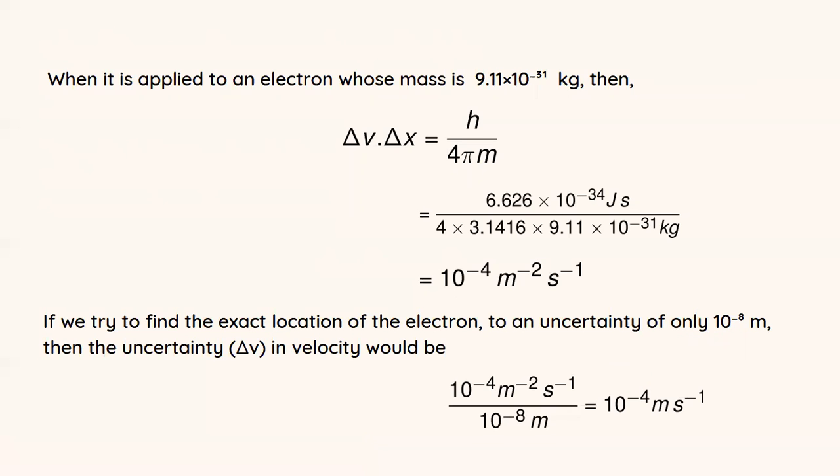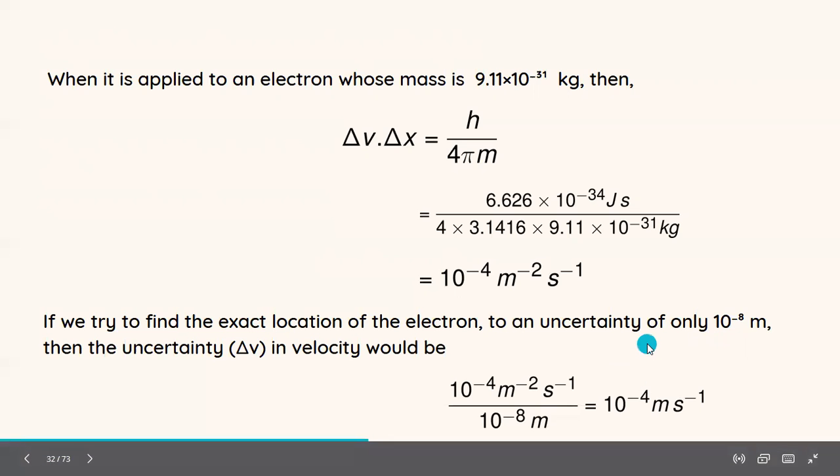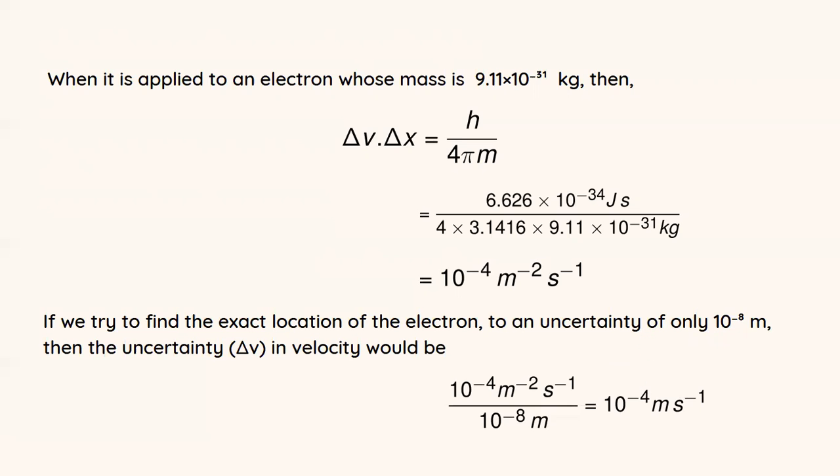So when one of the values is known, the uncertainty in the other value is extremely high. That is the basic idea behind Heisenberg's uncertainty principle. Basically, we cannot figure out the momentum or the velocity as well as the position of the electron at the same time. I'm not saying you cannot figure it out, but we cannot figure out both these values at the same time.